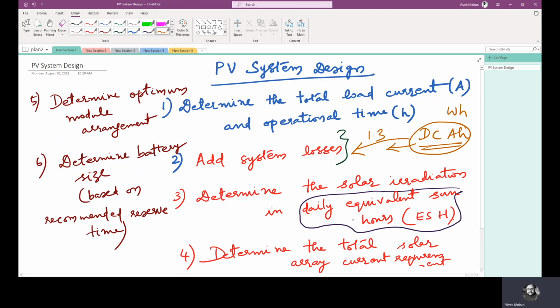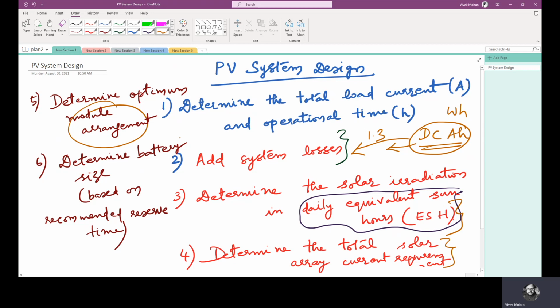Then determine the solar irradiance in daily equivalent sun hours for that particular location. Then determine the total solar array current requirement. Based on the current and voltage requirement, we find the optimum module arrangement, how many modules are in series and how many are in parallel.